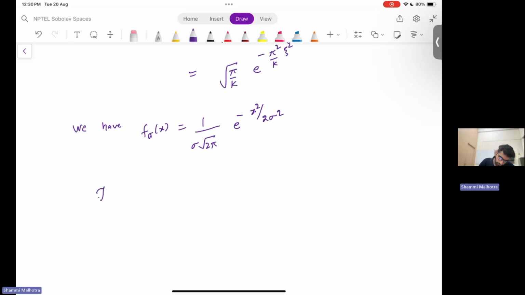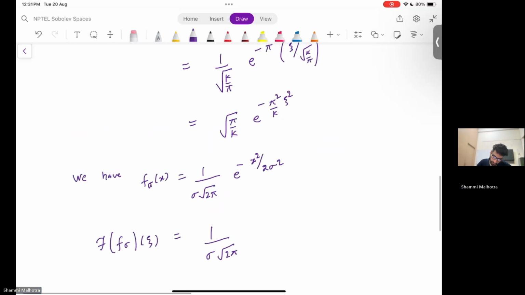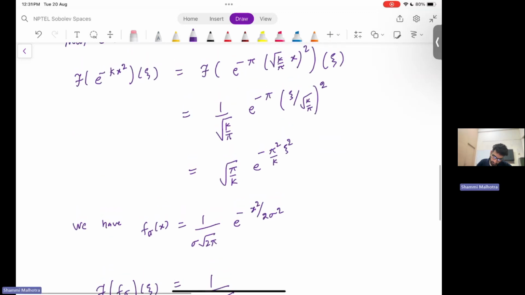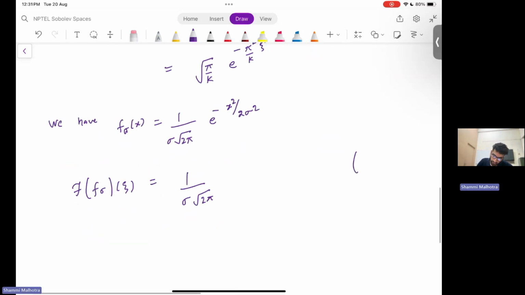And the Fourier transformation of this, f sigma at xi, is 1 upon sigma into root 2 pi, and then this e minus k x square. So now k is nothing but 1 upon 2 sigma square.